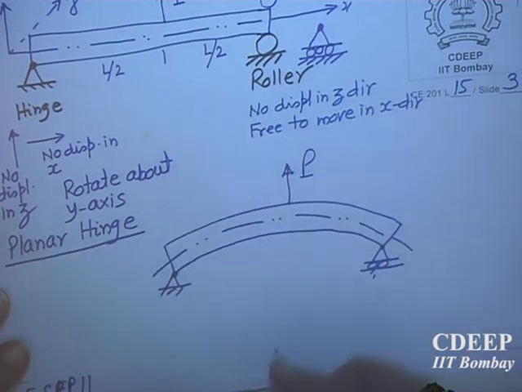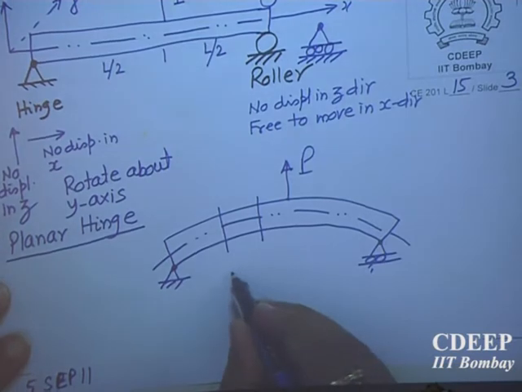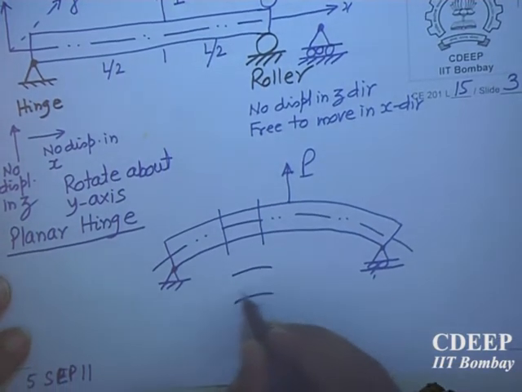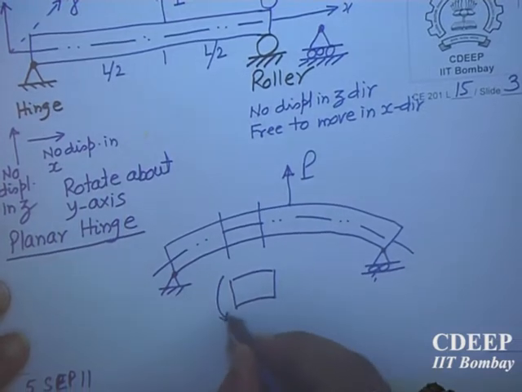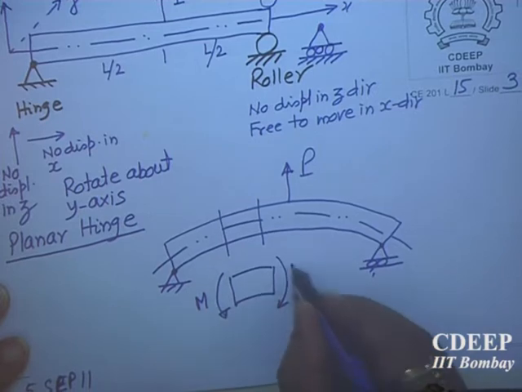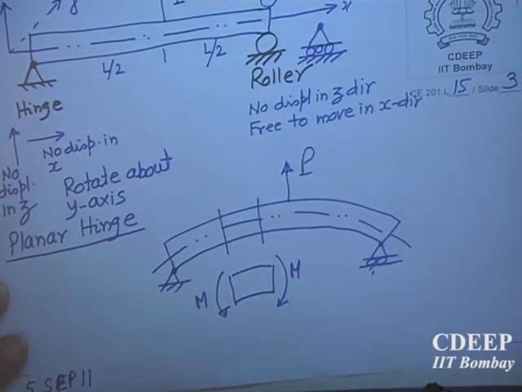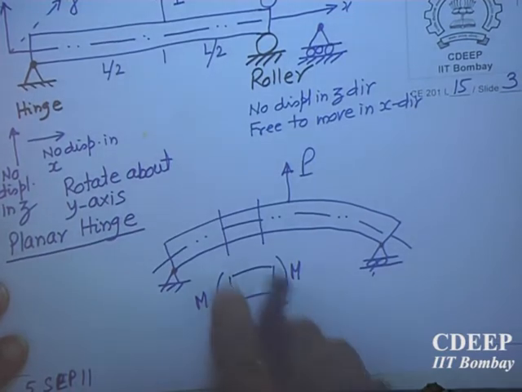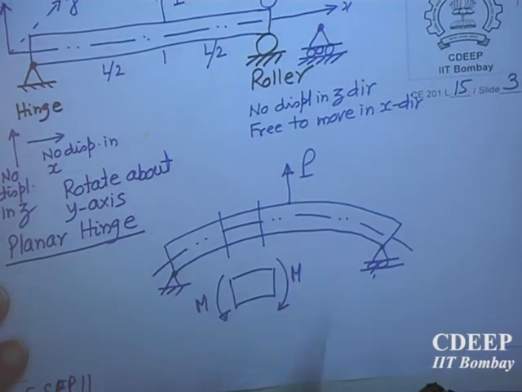So if I take the cross section here and here, you will find that this will be subjected to some moment M and M. Now this moment will give you, this one will go inside.